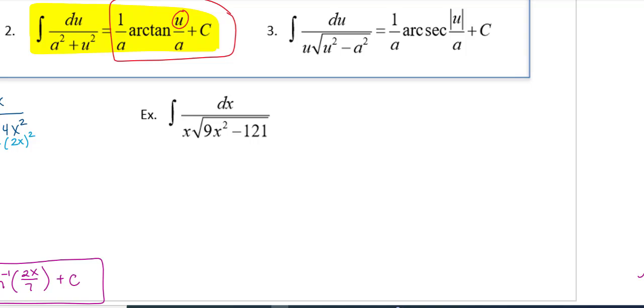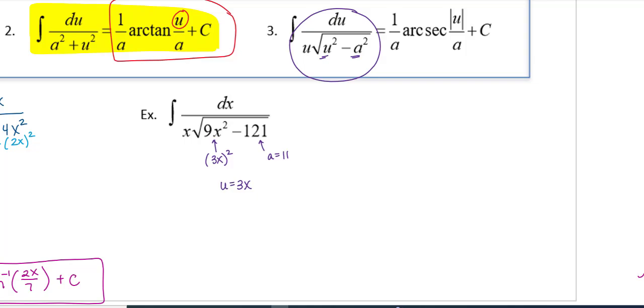We can reciprocate. So if I'm looking at this integrand for the formula, I can see that I have a difference of squares where u is some function squared, and a is a constant squared. So I can see here that my u will be 3x, hopefully you can see that. And then my a, yes, will be 11, because that's what I'm squaring.